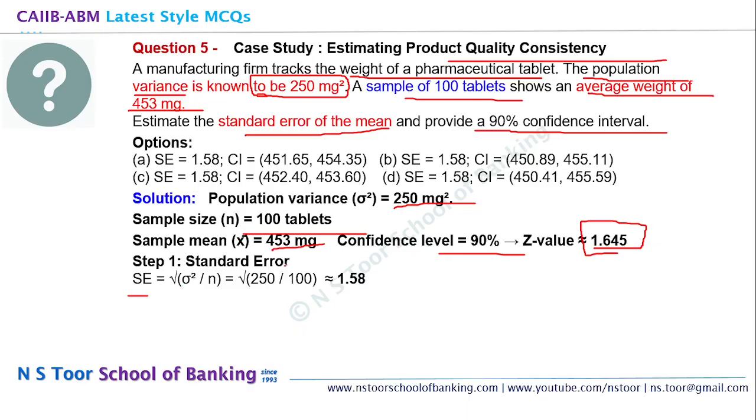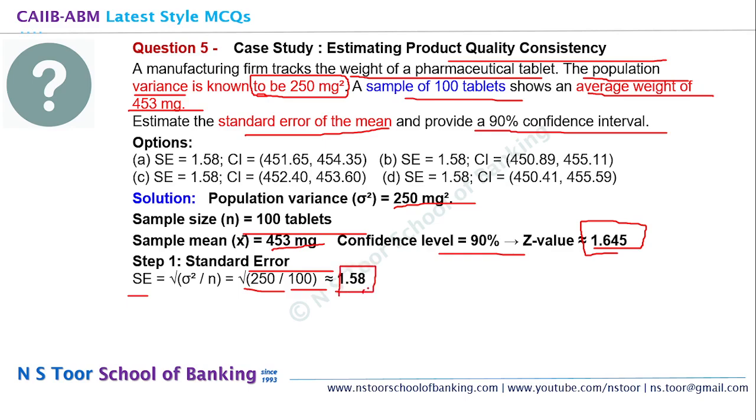Population variance is 250 and it is divided by how many sample tablets they have taken? They have taken a sample of 100 tablets. So 250 divided by 100, and we take it under the square root. So the square root of 250 divided by 100 is equal to 1.58 will be the answer.